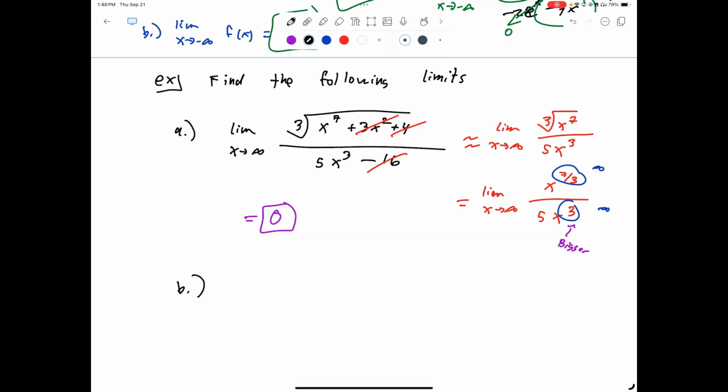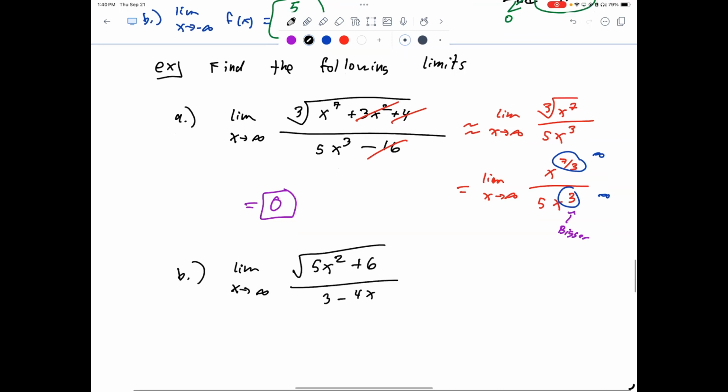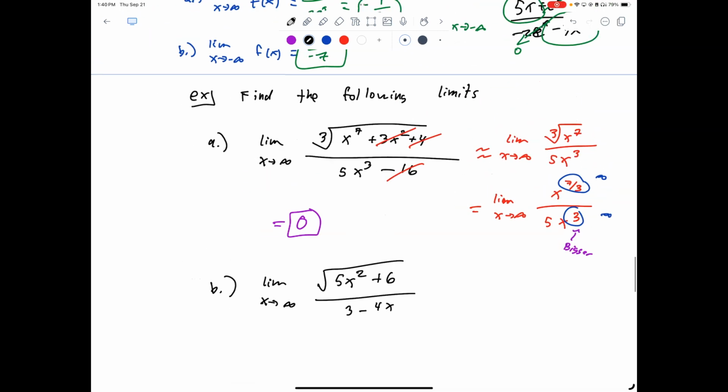B, and you're going to see this more in today's homework. What is the limit as x approaches infinity of the square root of 5x squared plus 6 over 3 minus 4x? Okay. So looking at this, we evaluate the same idea. What do we not care for?